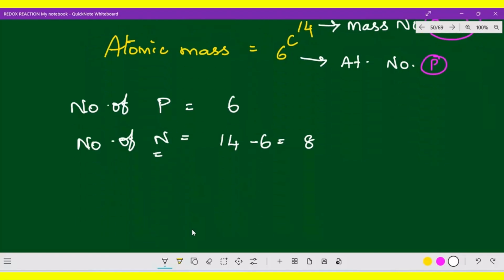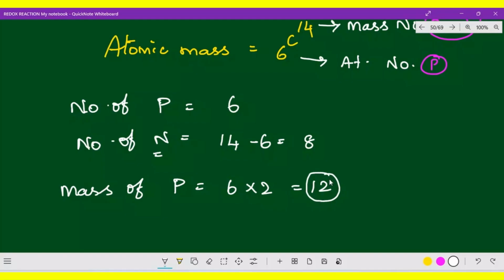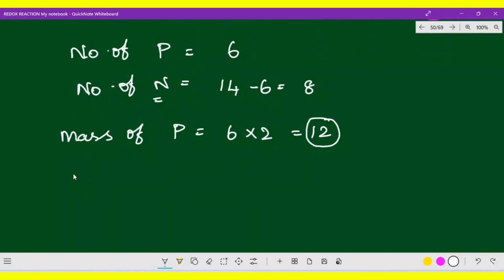Now let us identify the new values. Mass of proton is twice its original value. Mass of proton is 6, twice is 12. So the mass of proton is 12. And the mass of neutron is actually 8, and they mentioned half of its original, so half of 8 you will get 4.